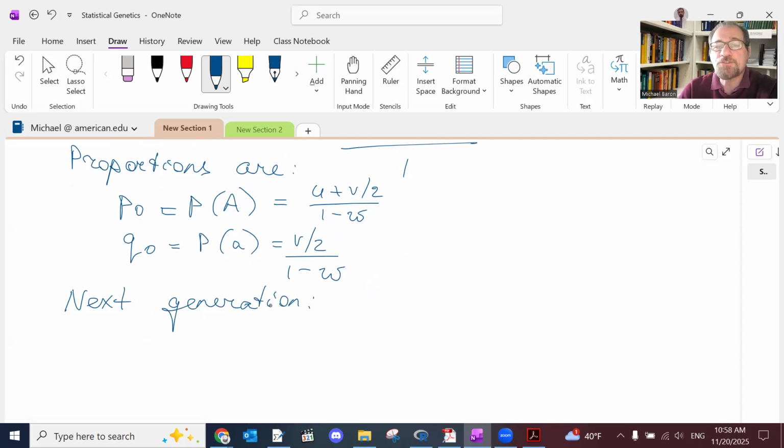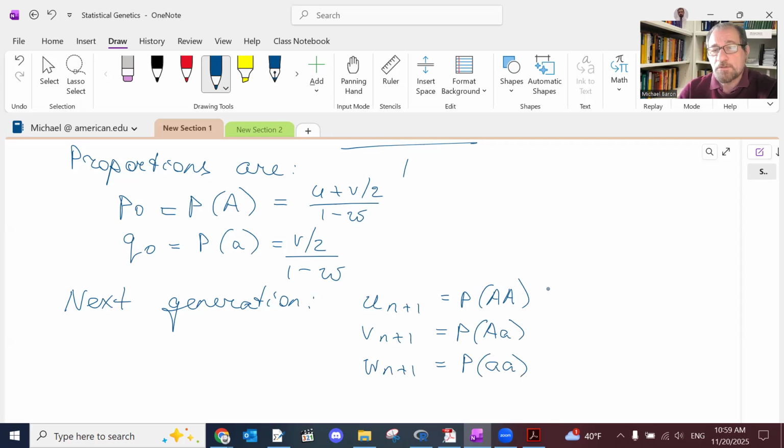In the next generation, what do we have? U(n+1), the proportion of dominant genotypes, V(n+1), the proportion of heterozygotes, and W(n+1), which will not be allowed to mate, but it's present in the population. Recessive genotype. So what will it be?